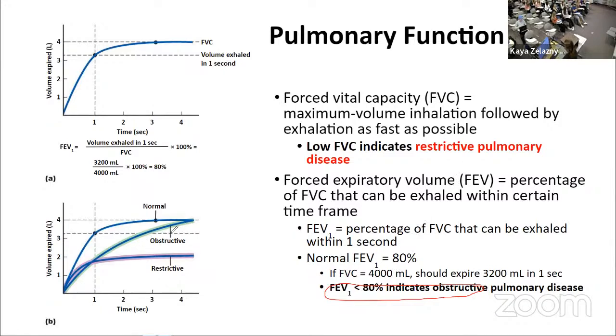So we can see that in our obstructive pulmonary disease, our airway is narrowed. We're having trouble getting air out, so that's going to be low. Okay, we do eventually get all the air out in an obstructive pulmonary disease, versus in the restrictive pulmonary disease, we actually never get to that total normal volume. Okay, so that's what I actually think is the most interesting thing about these curves.